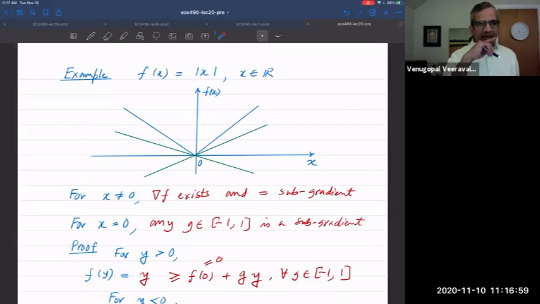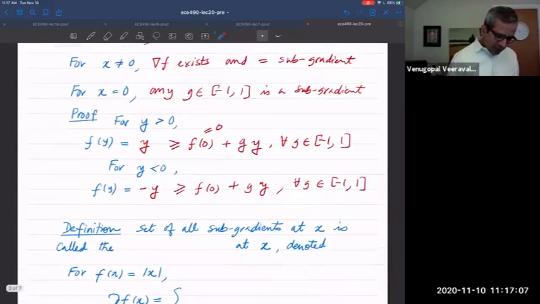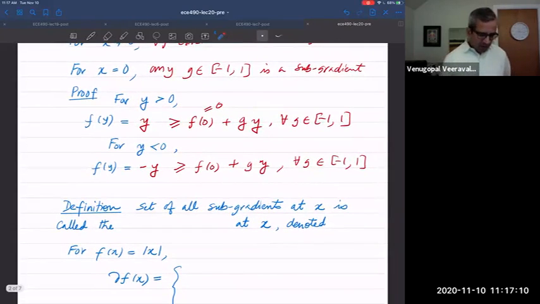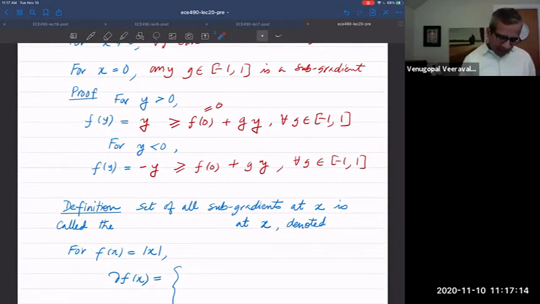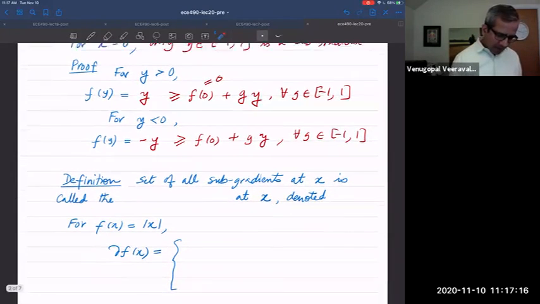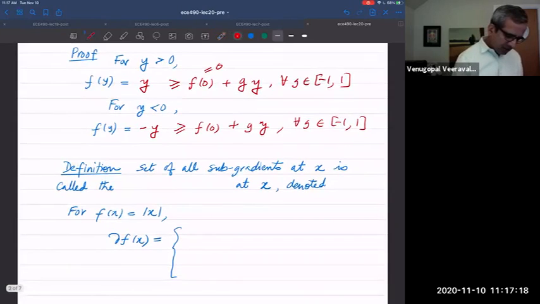So is the definition of subgradient a little more clear now? Okay, so now let's give another definition. Since subgradients are not unique, the set of all subgradients at a point x is called the subdifferential, which is actually a set in general.